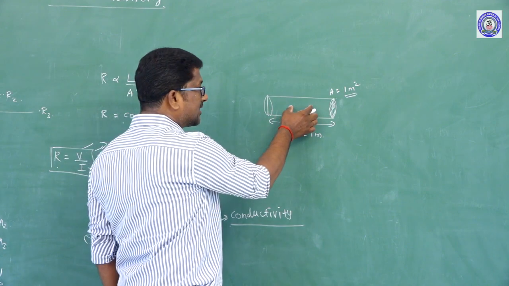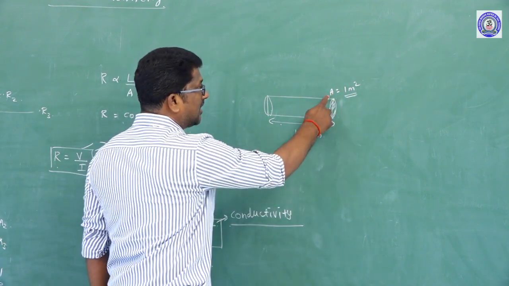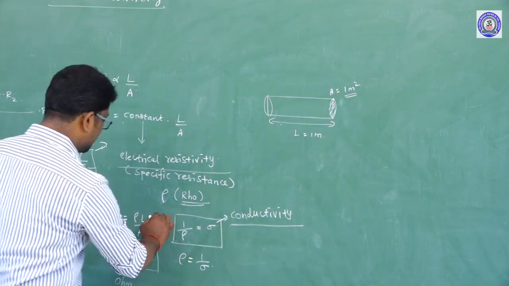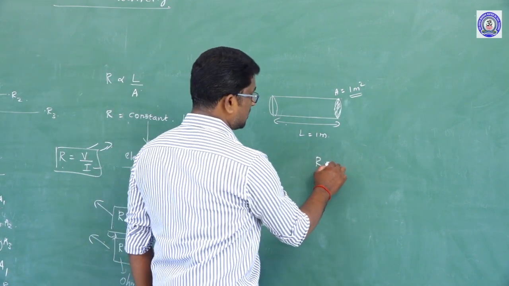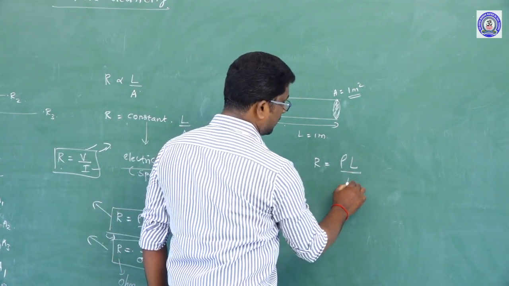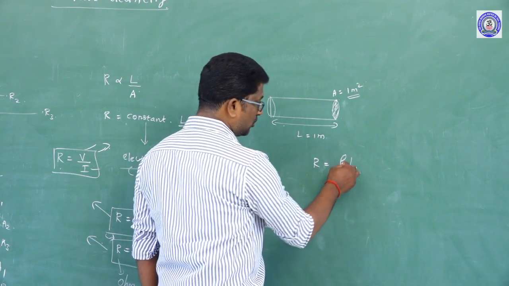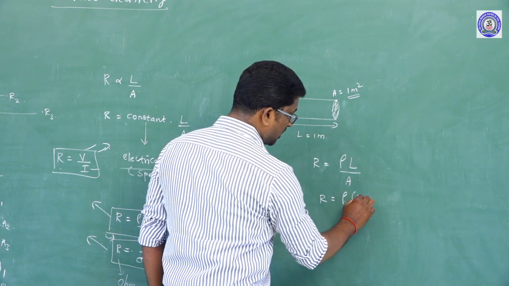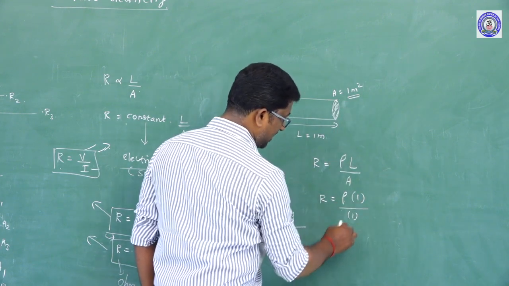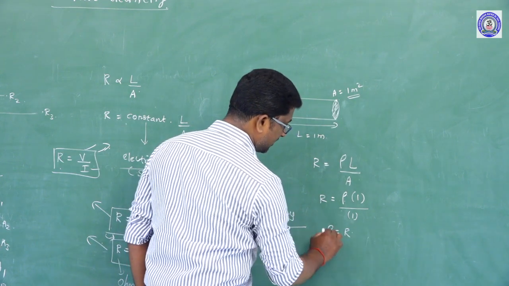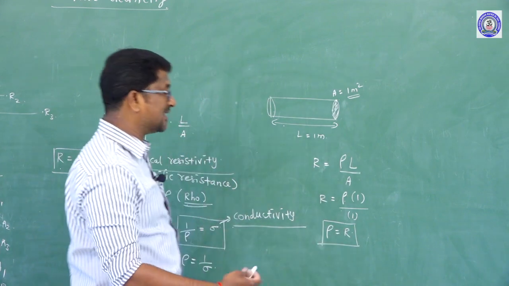So for a given conductor having unit length and unit area of cross section, substitute L equal to 1 meter and A equal to 1 meter square in the resistance equation R is equal to rho L divided by A. Therefore R equal to rho, with L value 1 and A value also 1. Therefore rho is equal to R. That is, electrical resistivity is equal to resistance.